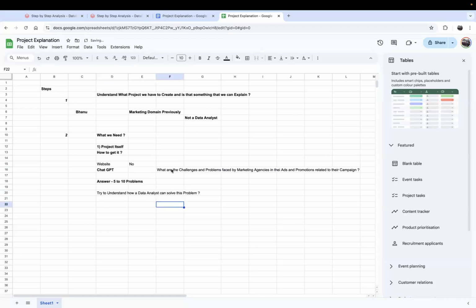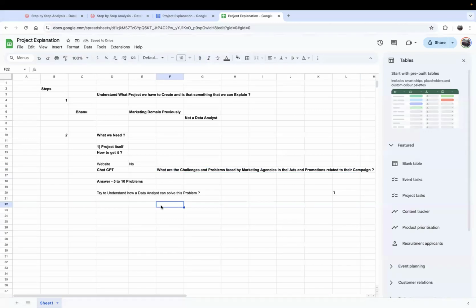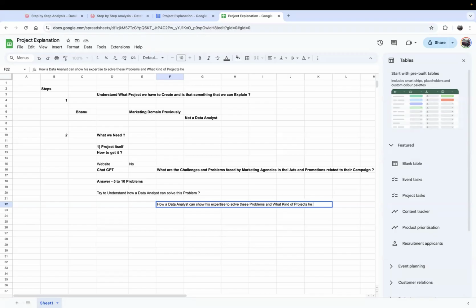Now, in that same tab where Bhanu has dropped this question, he will drop a second question: how a data analyst can show his expertise to solve these problems, and what kind of projects he can get or can work on.